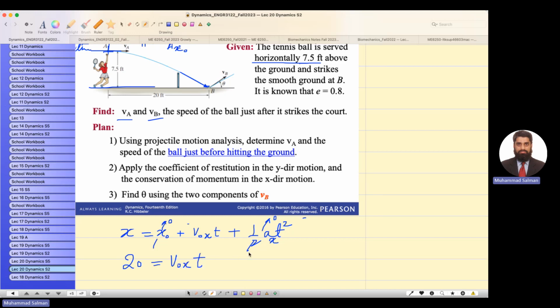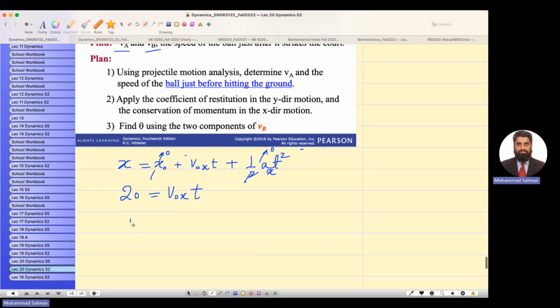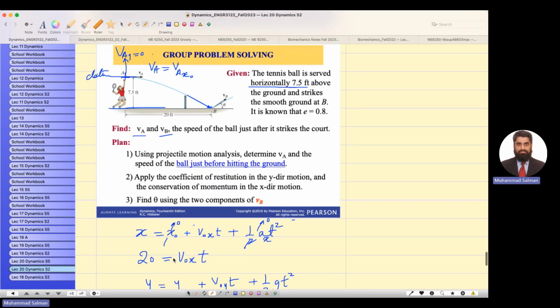But we don't know t. But we have the same distance formula in the y direction, and I'm going to show you how we can find the time of flight. So I can write y equals y naught plus v naught y times t plus 1/2 g t squared. Now, y is this distance.